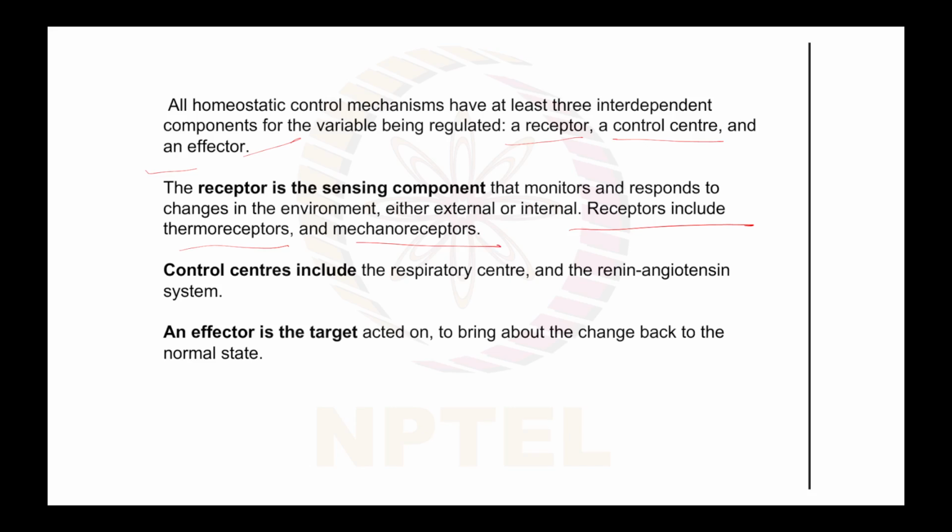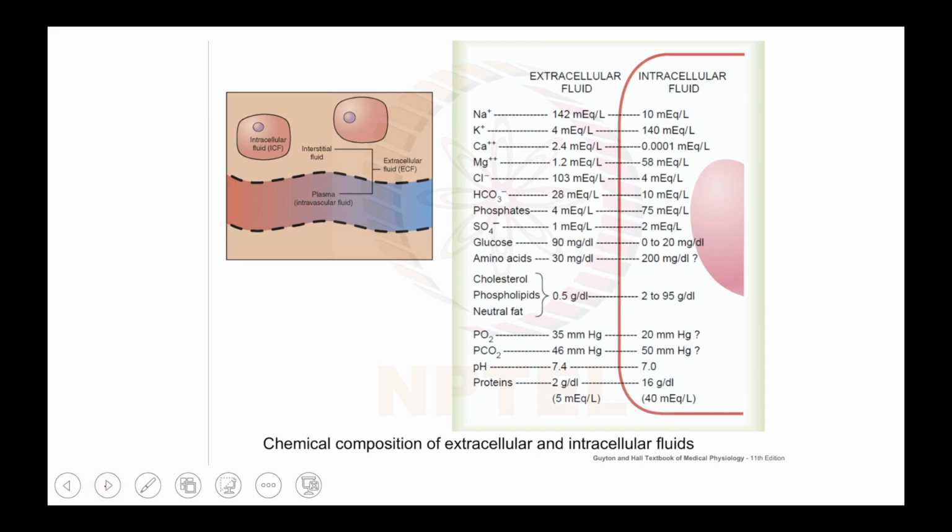The type of change that is happening is sensed by a certain receptor, and then it gives the signal to the control center. That includes the respiratory center, the renin angiotensin center. So the basic body that controls that particular response, there the signal is sent. And then there is an effector organ, or the effector is the target acted on to bring the change back to the normal state. Okay.